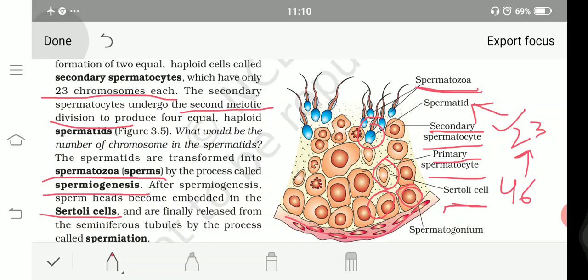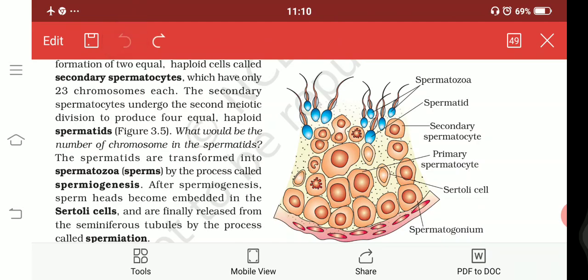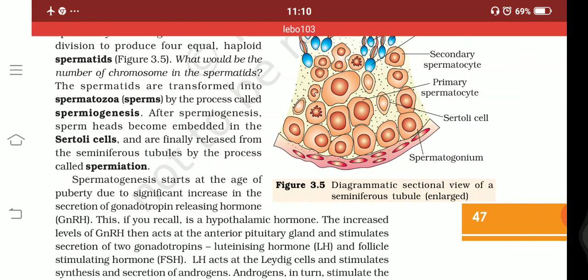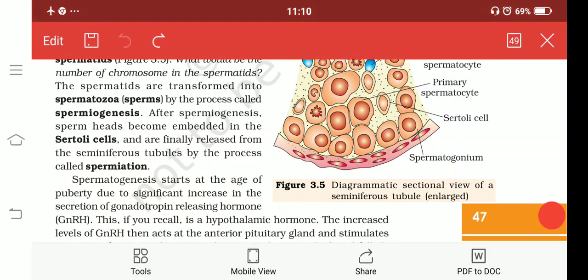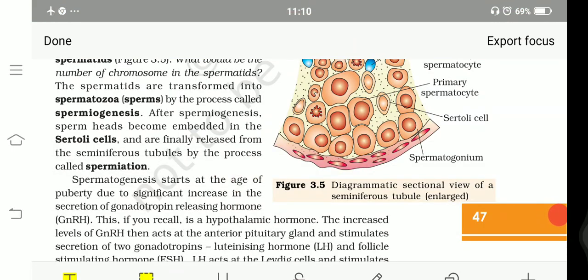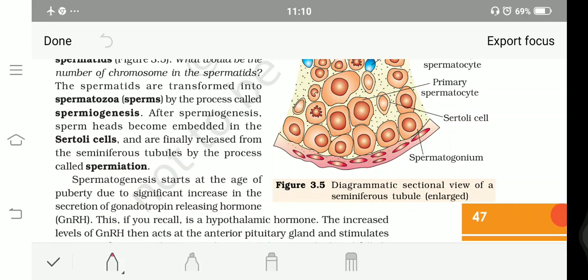Here you can also see a process known as spermiation. What is spermiation exactly? Spermiation is basically a process in which the release of sperms takes place through the seminiferous tubules.